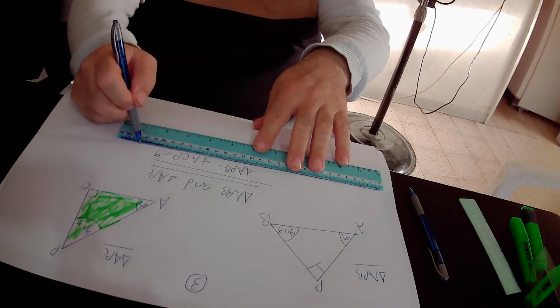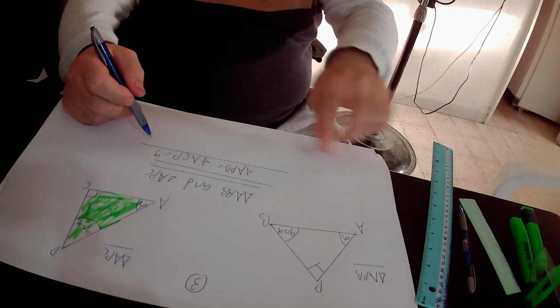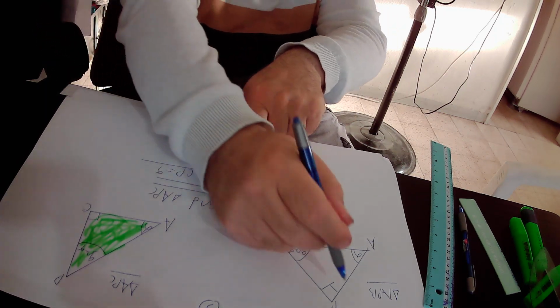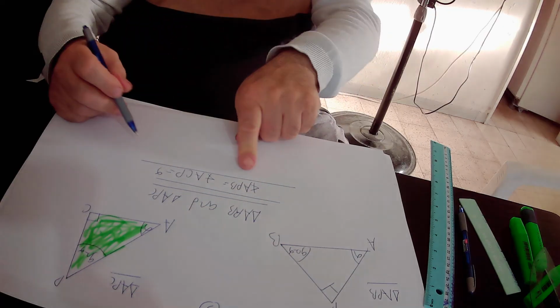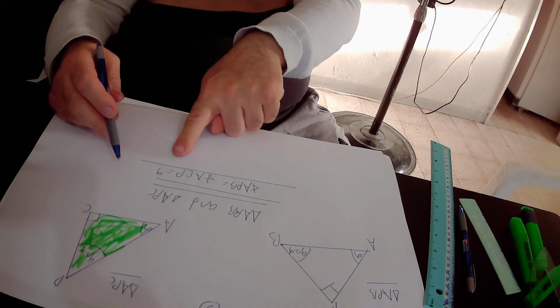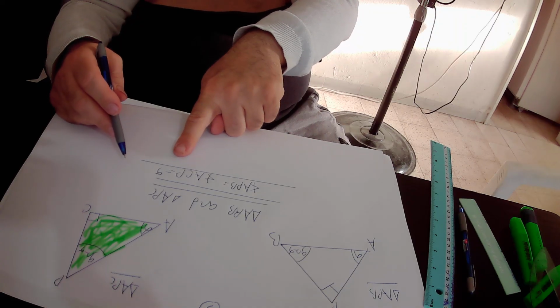Repeat again: angle APB in the right triangle APB equals angle ACP in the right triangle APC. They are both equal to alpha, therefore they are equal to each other.